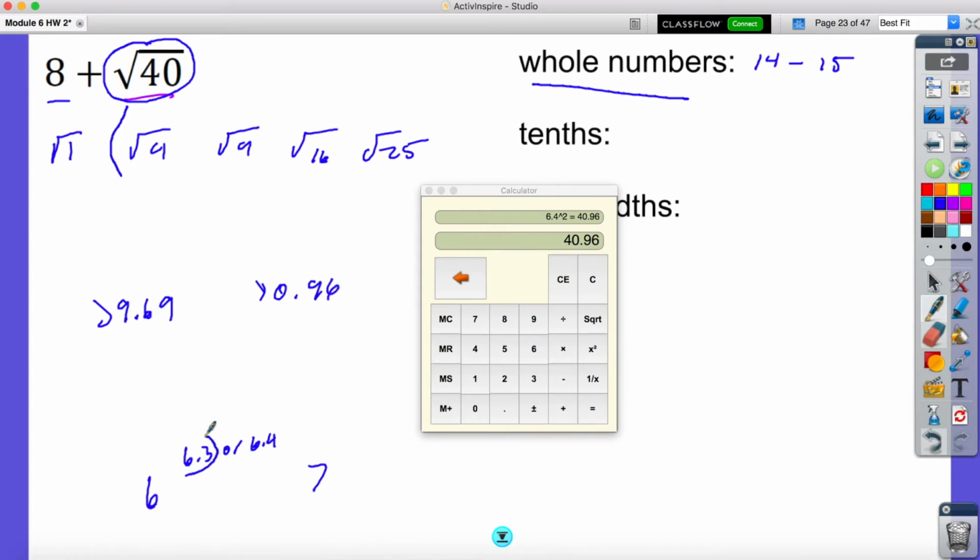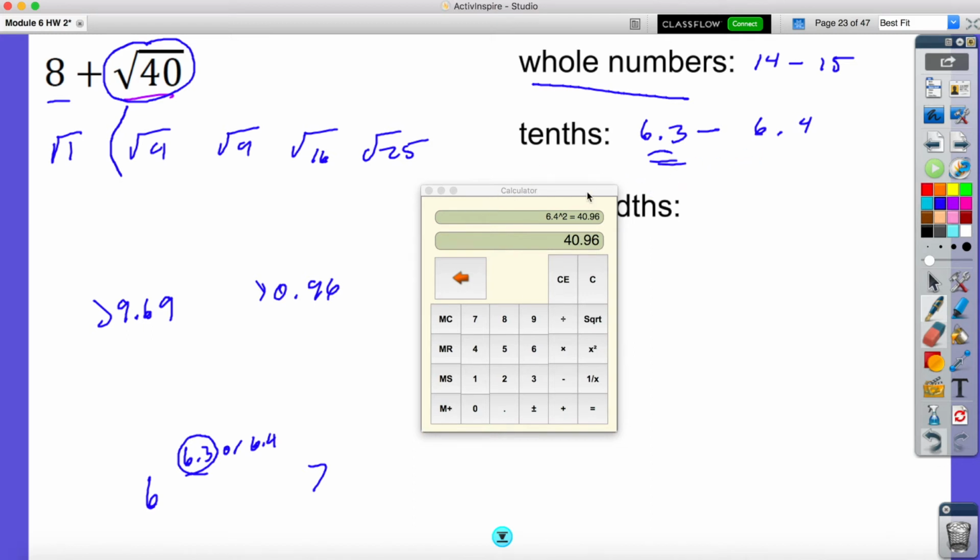And look at that, I guessed it on the first try. So 6.3 is the closest number. If I want a range, it would be between 6.3 and 6.4, but it's a little closer to 6.3.